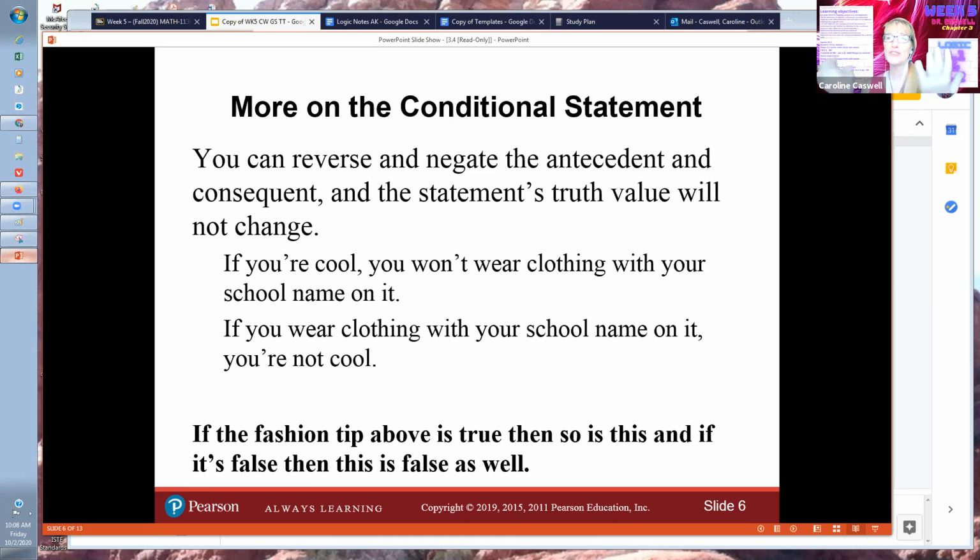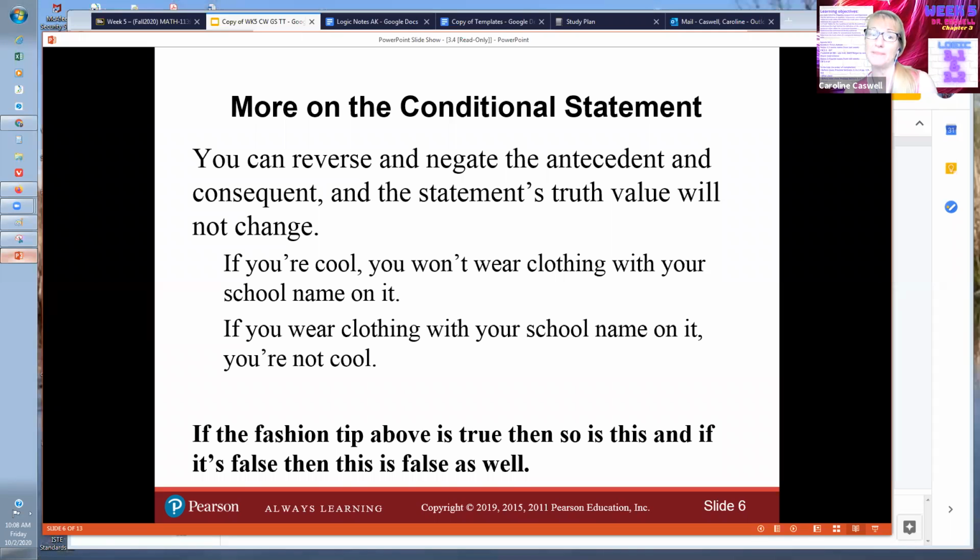Now, reverse them and negate them. So the 'you won't wear clothing' becomes 'if you wear school clothing with your name on it, then you're not cool.' That cool becomes uncool. So those are true statements. So it's kind of cool with an if-then. We're going to learn some contrapositive, I think they call that. The contrapositive is still true when you reverse it and negate whatever you were saying before.